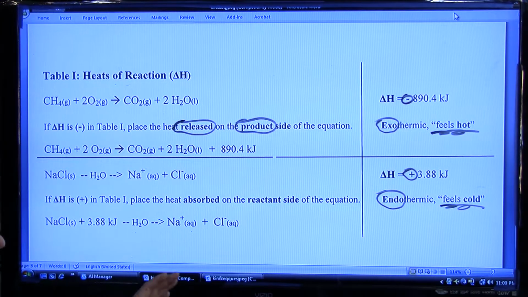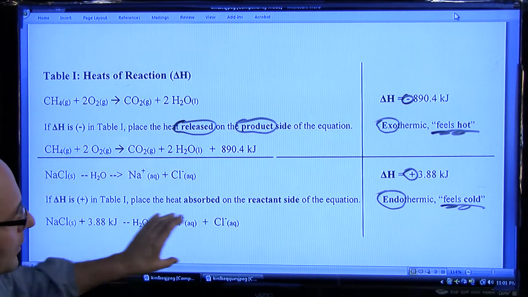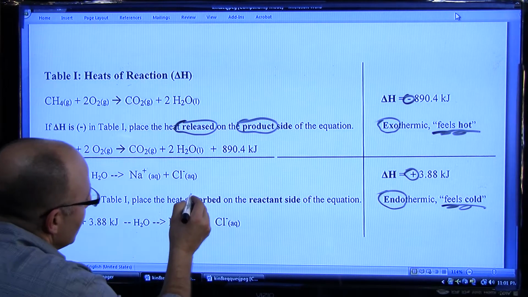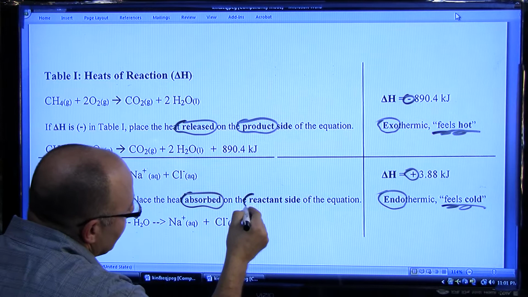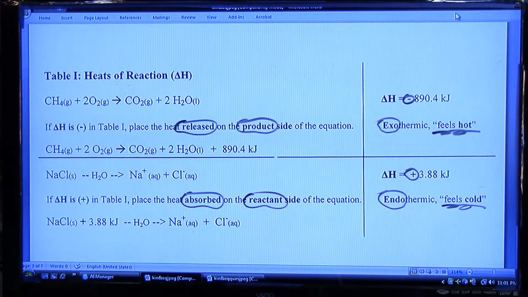So in this case, if you wanted to place the energy in the equation, the heat absorbed would be placed on the reactant side. So you'd see it here.